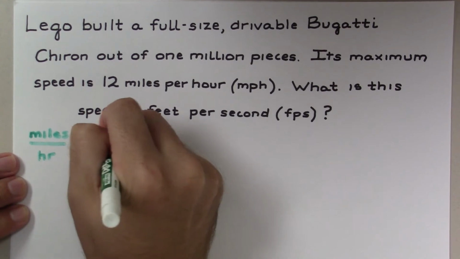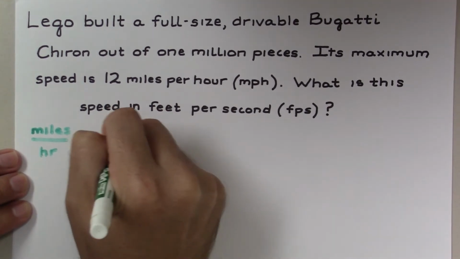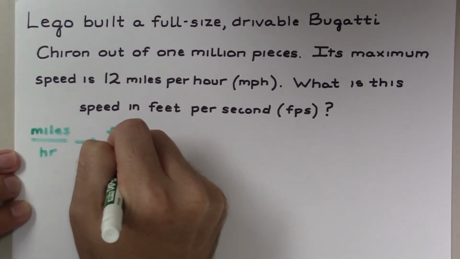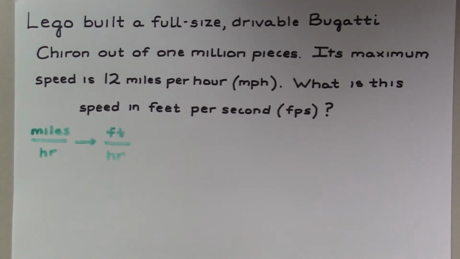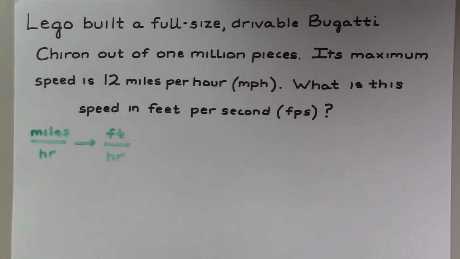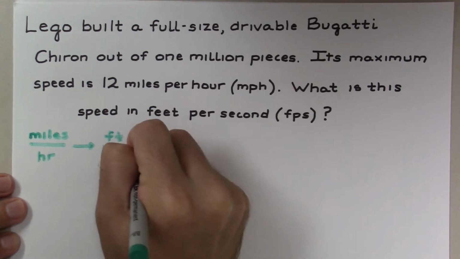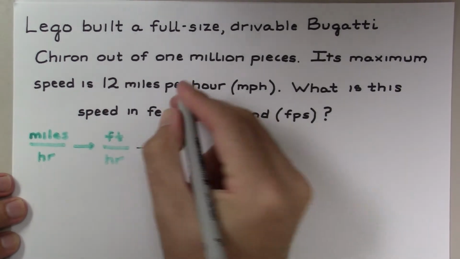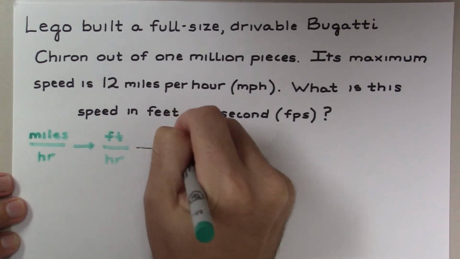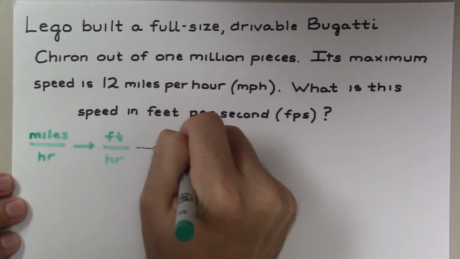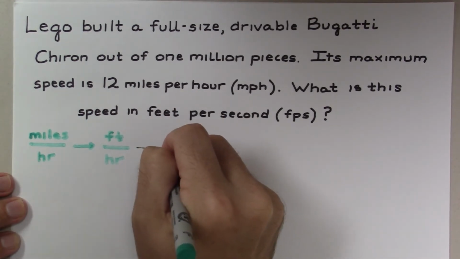We can take miles and turn it into feet. That we can do very easily using a commonly known unit factor. But now what we must do is take our hours and convert it to minutes. So now we will have feet per minute.